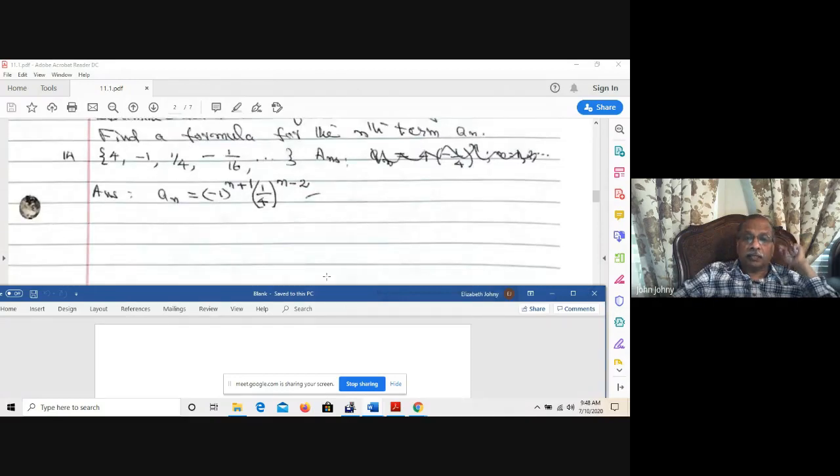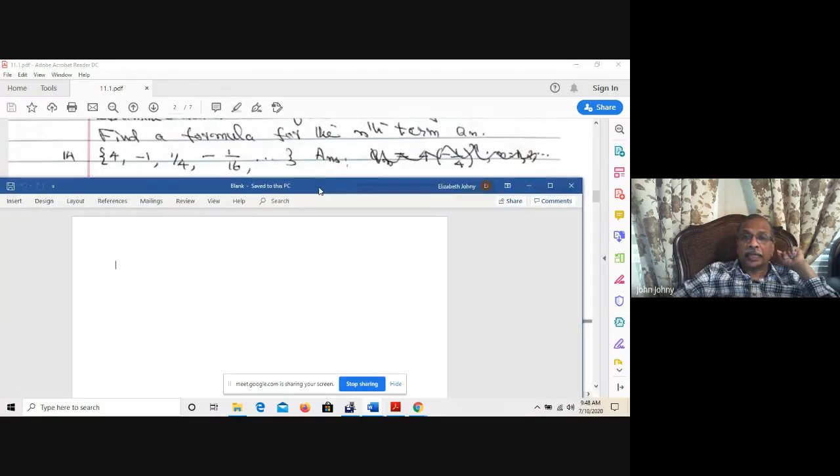Then find a formula for the nth term aₙ. In some cases, these kinds of questions are difficult, but you look at these problems. a₁ is 4, a₂ is negative 1, a₃ is 1/4, a₄ is negative 1/16. Now you think about a way to get the second term out of the first and the third term out of the second.